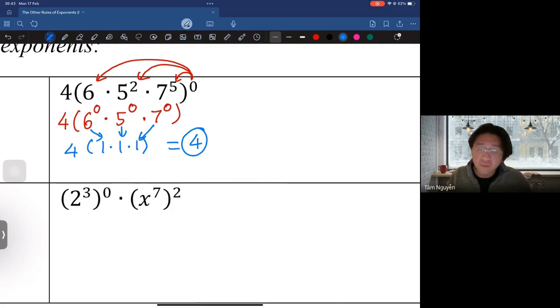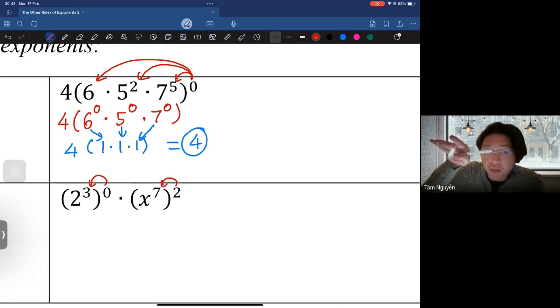All right. So now, for the last problem, some of you could go ahead and just solve this one, and then skip to the other part of the video. So for the next one, what I'm going to do first is distribute the power outside of the parentheses into the parentheses.